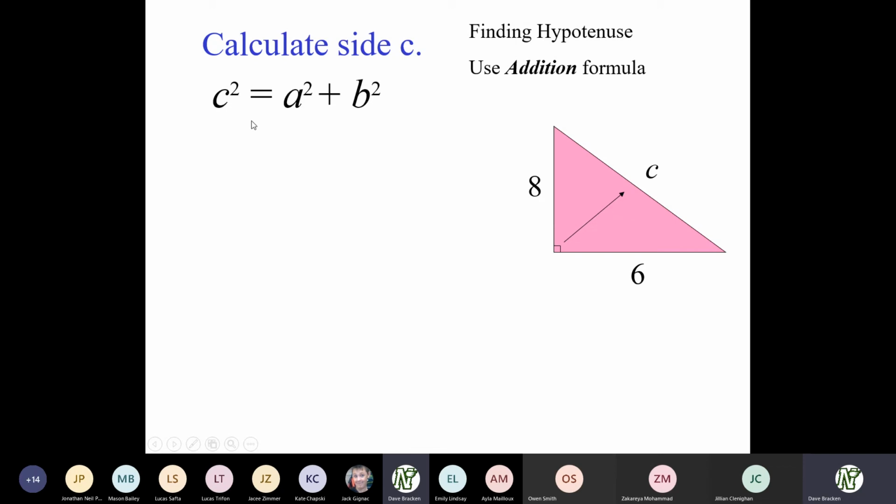So what is c squared? Well, it's just going to stay c squared. The a and the b are interchangeable. So I put 8 first, squared, and I put 6 squared.